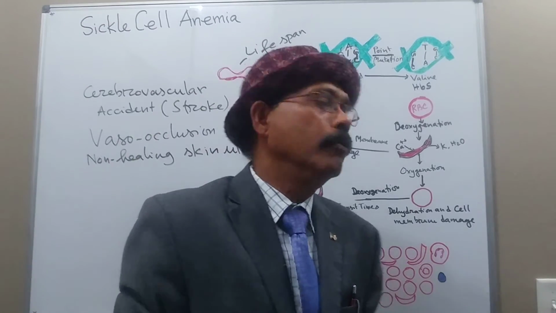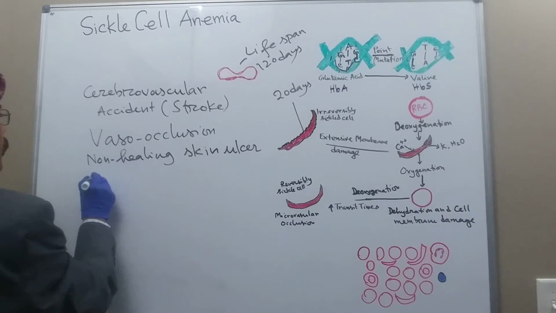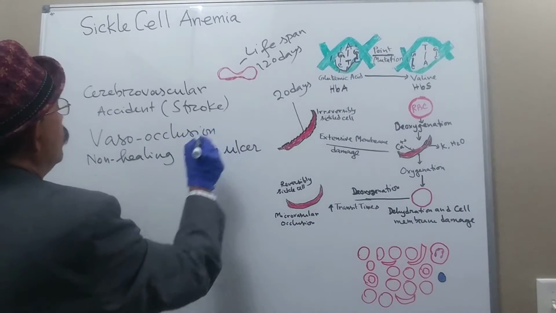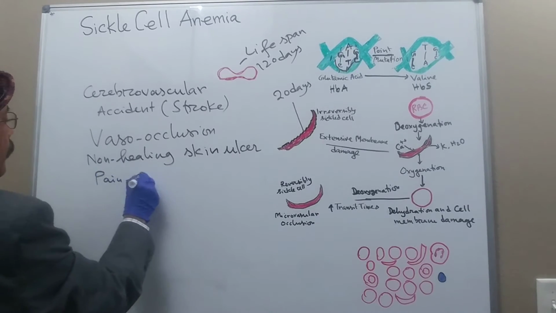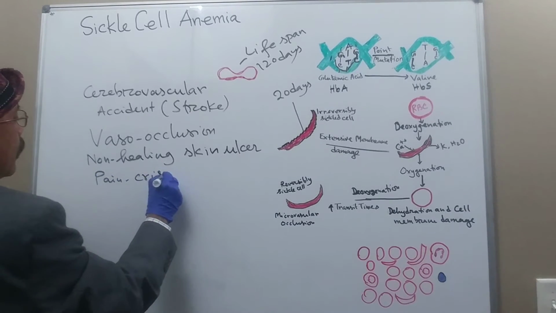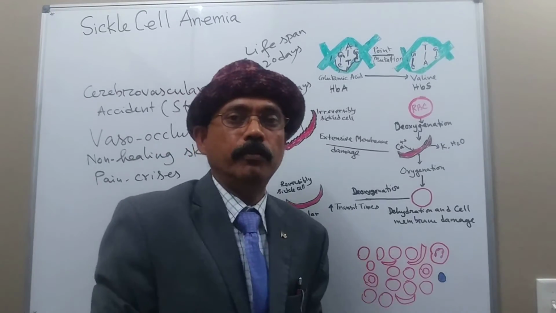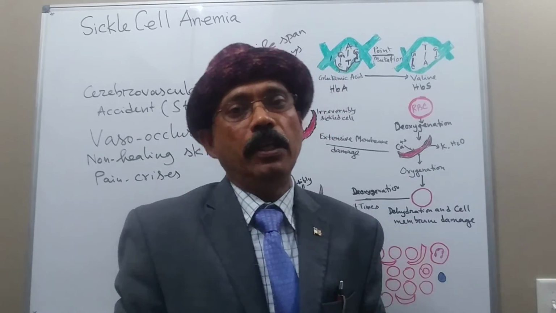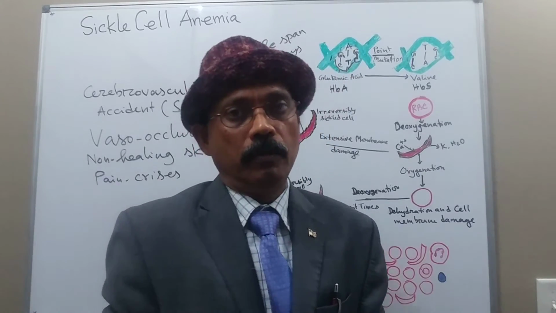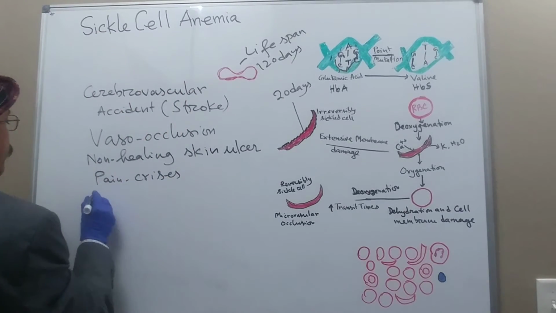We have vaso-occlusive pain crisis. Due to vaso-occlusion and ischemia, there may be pain in the abdomen and pain in the bone, and also there may be persistent erection of the penis.